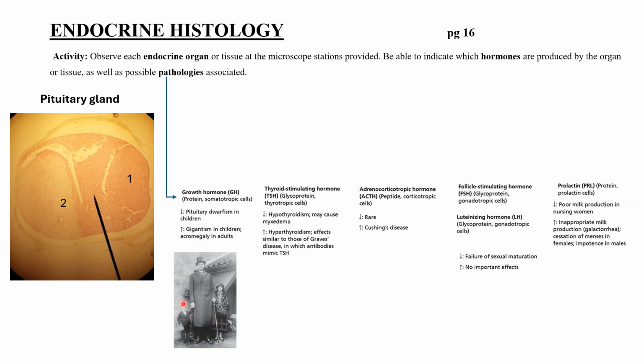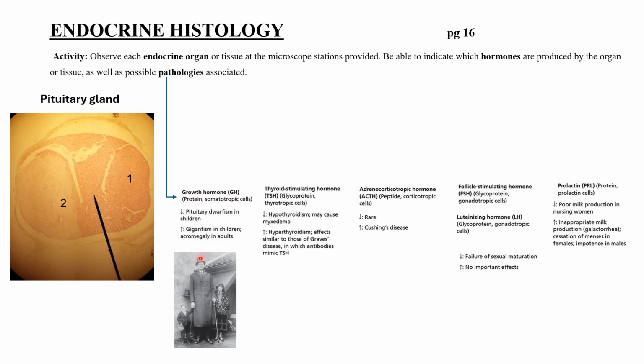If you look at the first person in this photograph, when he was young he did not have enough growth hormone in his body. As a result, he did not attain his full height. So this is an example of pituitary dwarfism. And remember that pituitary dwarfism can be because the anterior pituitary is not making enough growth hormone, or because of some problem in the hypothalamus, a problem with growth hormone releasing hormone.